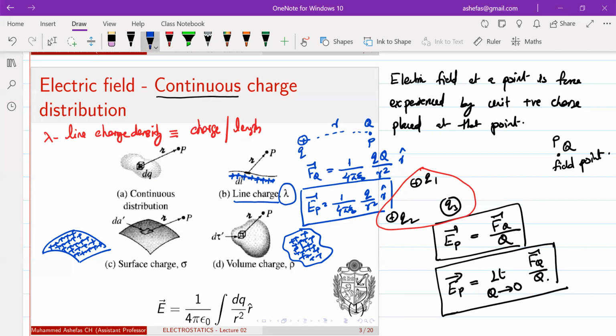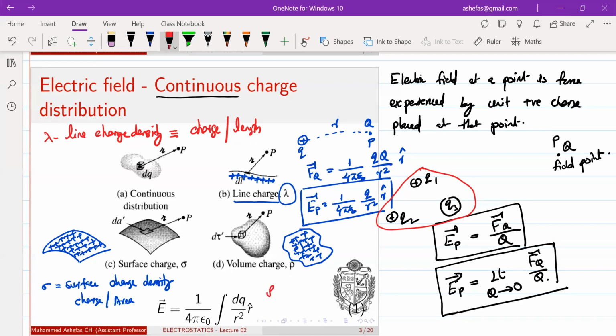And the surface charge is characterized by sigma, and sigma is called the surface charge density. So can you guess what would be surface charge density? Yes, that's correct. So surface charge density is charge per unit area. And finally, we have the volume charge density rho.